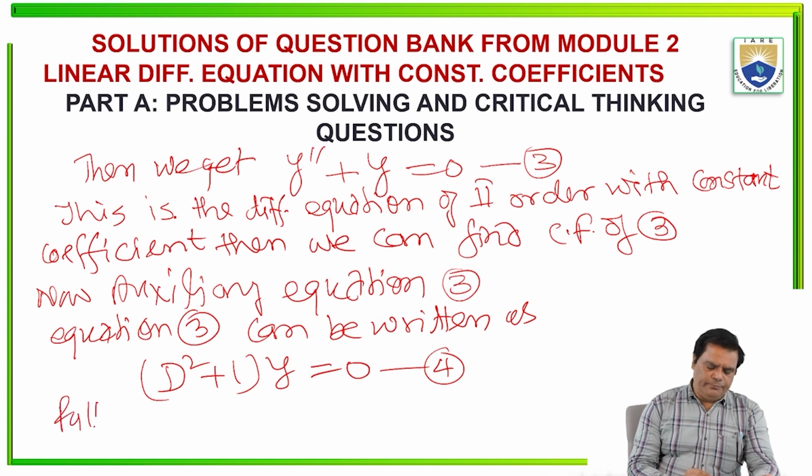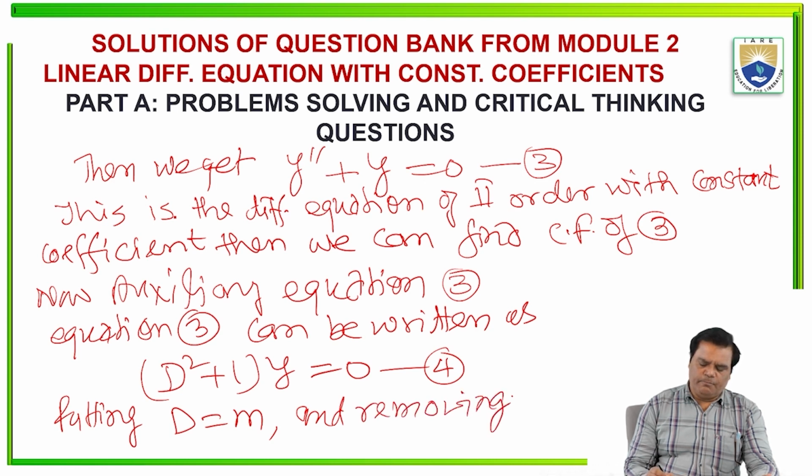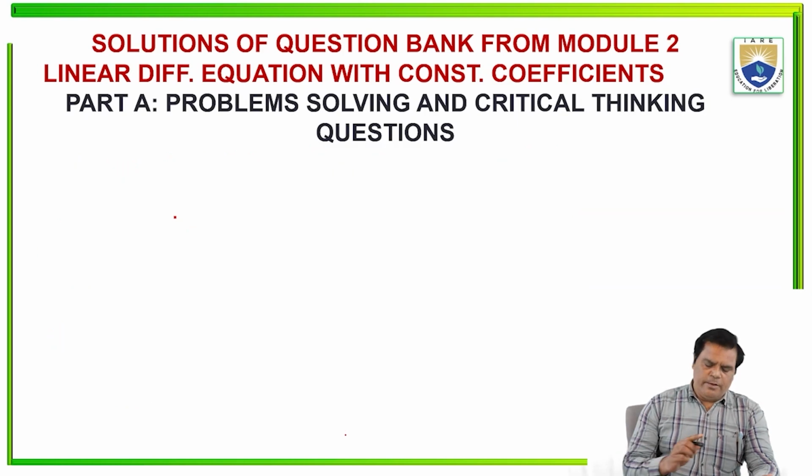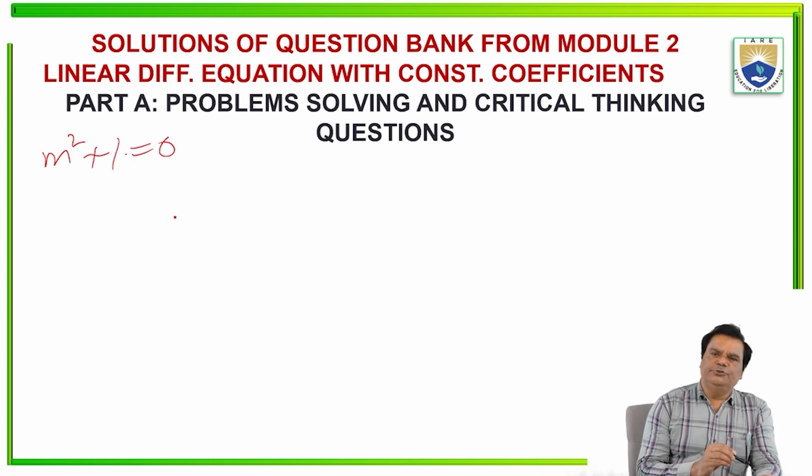Putting D equal to m and removing y from 4, we write m square plus 1 equals 0.